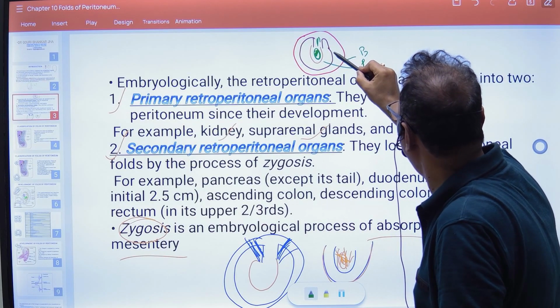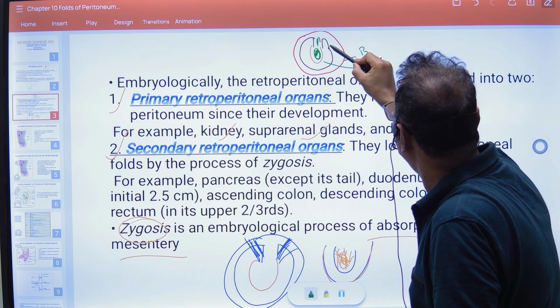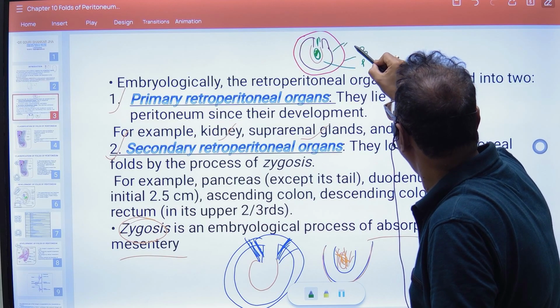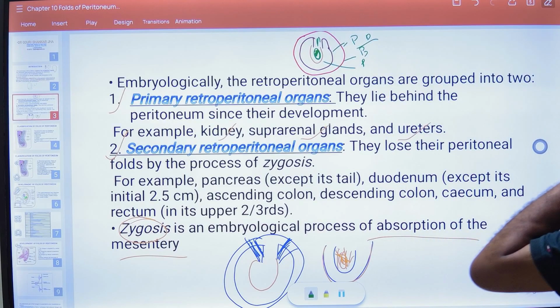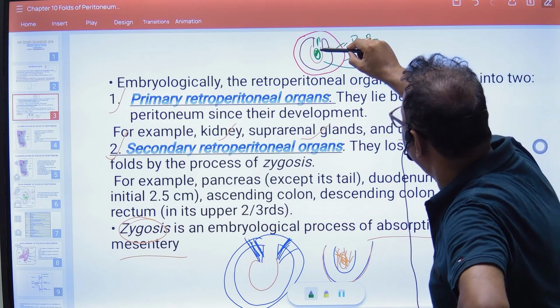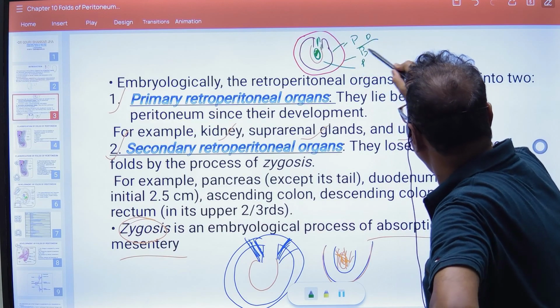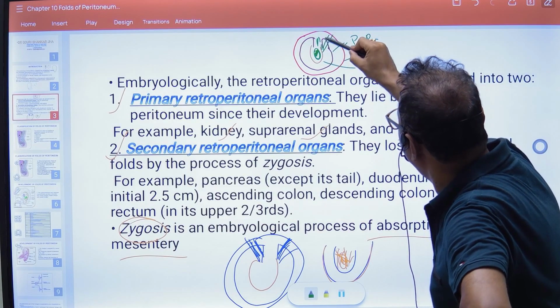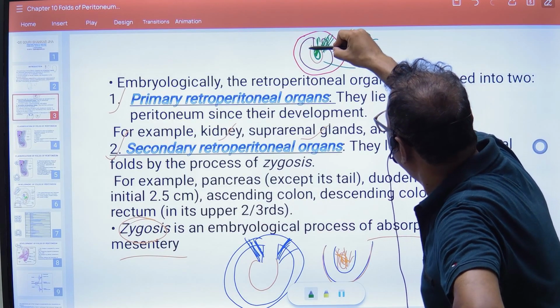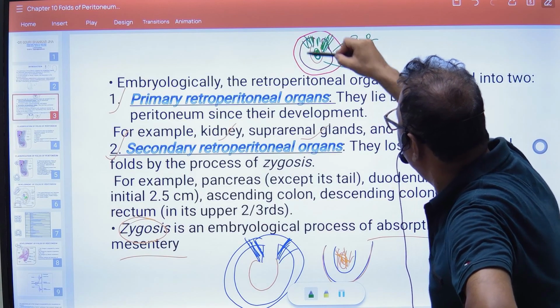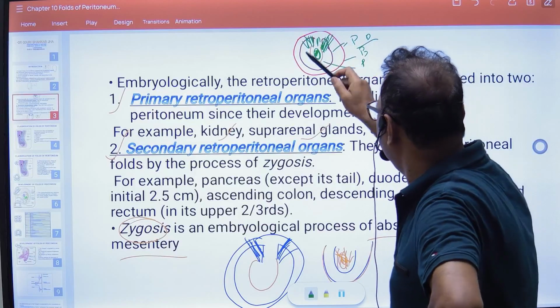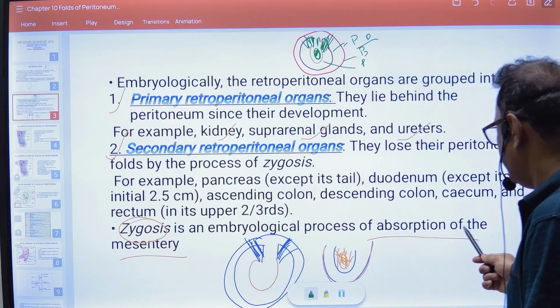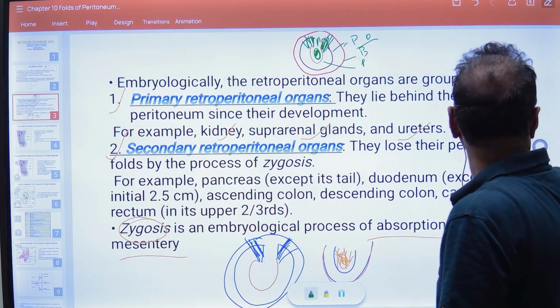Here we have got the parietal peritoneum, and here we have got the mesentery. So if this is being absorbed, it means the parietal peritoneum is being absorbed, and it will get only the visceral peritoneum. So it becomes the retroperitoneal organ.